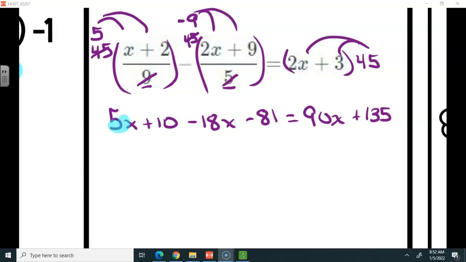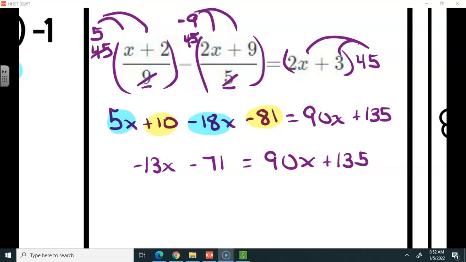So we're going to combine like terms. We have 5x minus 18x, which is negative 13x. And then we have 10 minus 81, which is negative 71. And then we have 90x plus 135. Okay, again, we're going to get our variables to one side.